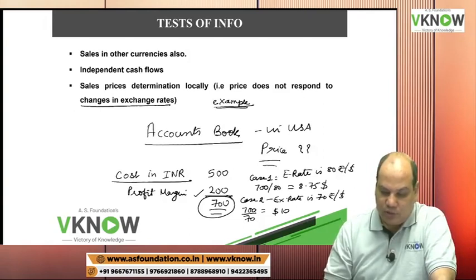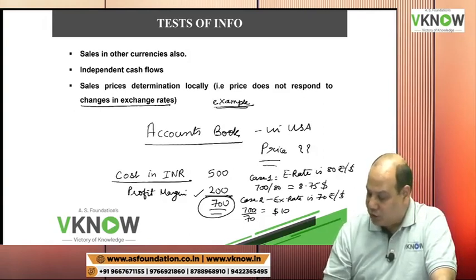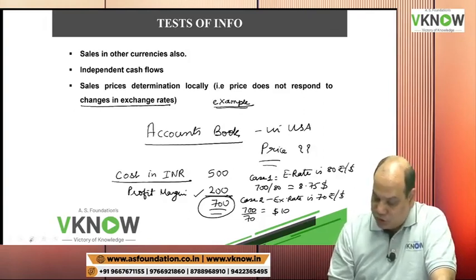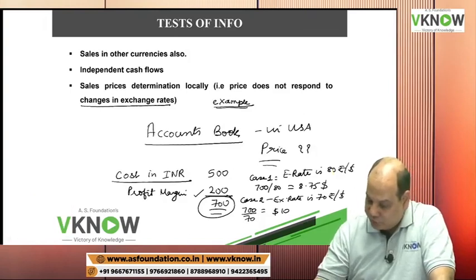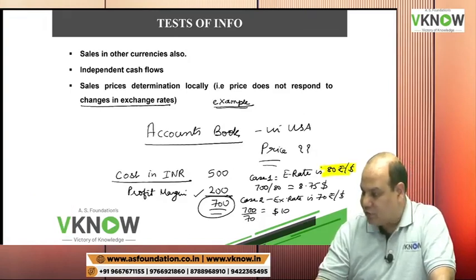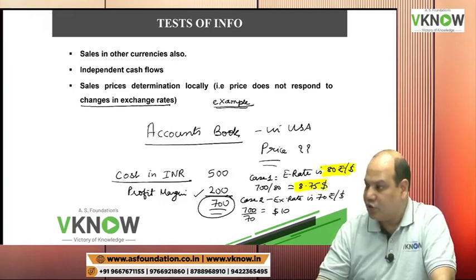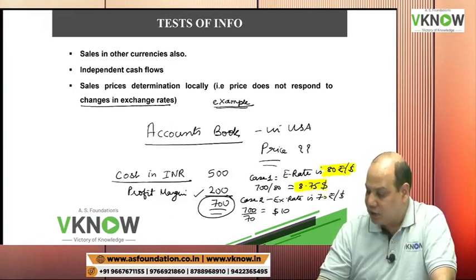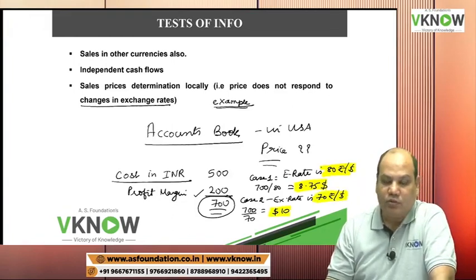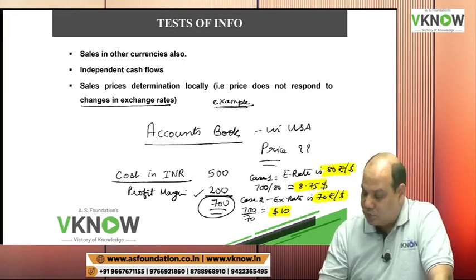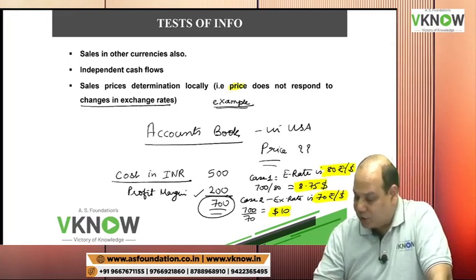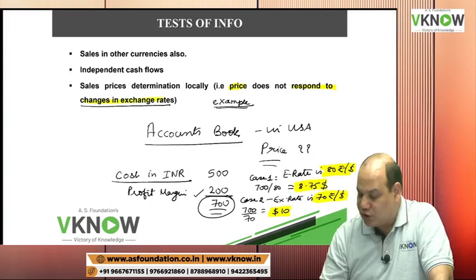So you are right. Can you see in my example, when the exchange rate was 80, the price quoted was 8.75. When the exchange rate was 70, the price quoted in US dollar is 10. So what do you observe? You observe that the price is responding to change in exchange rate.